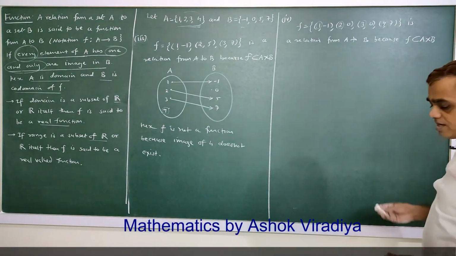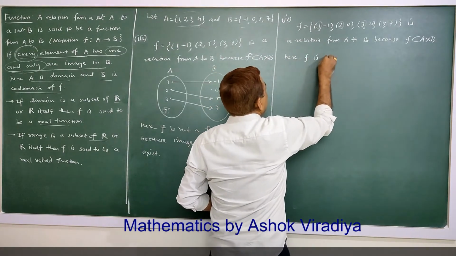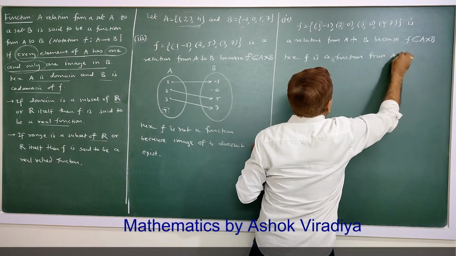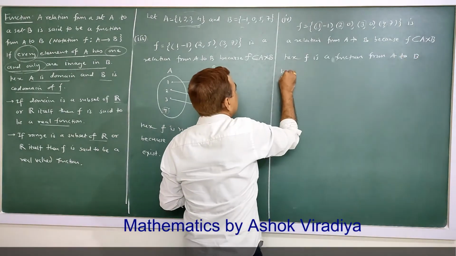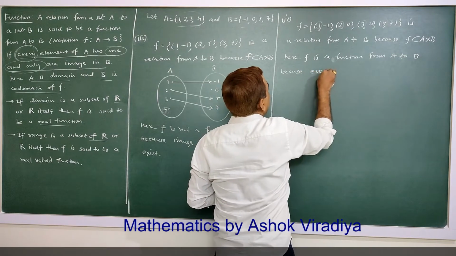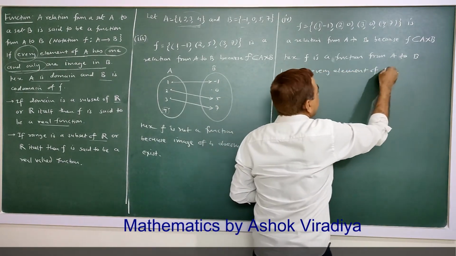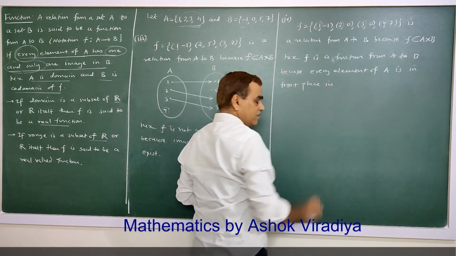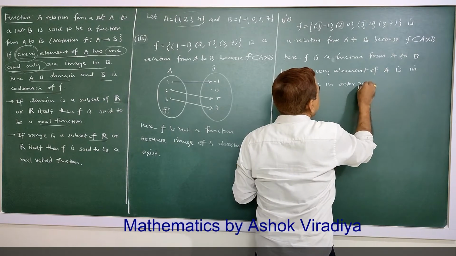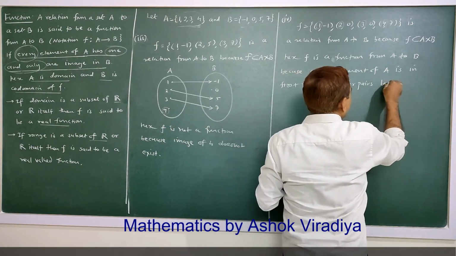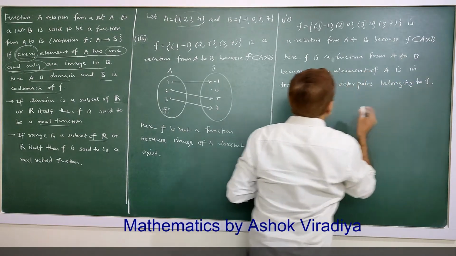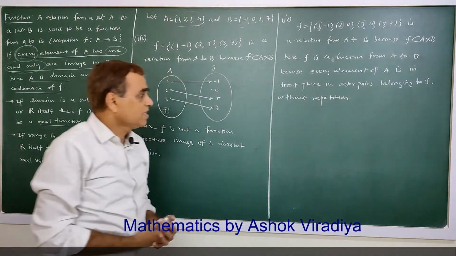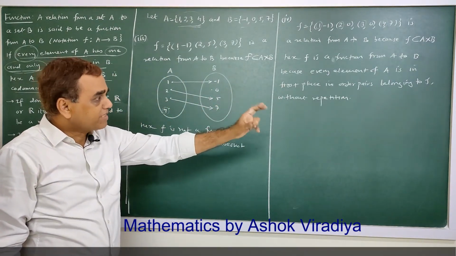So here f is a relation, and f is a function from A to B, because every element of set A is in first place in ordered pairs belonging to f without repetition.